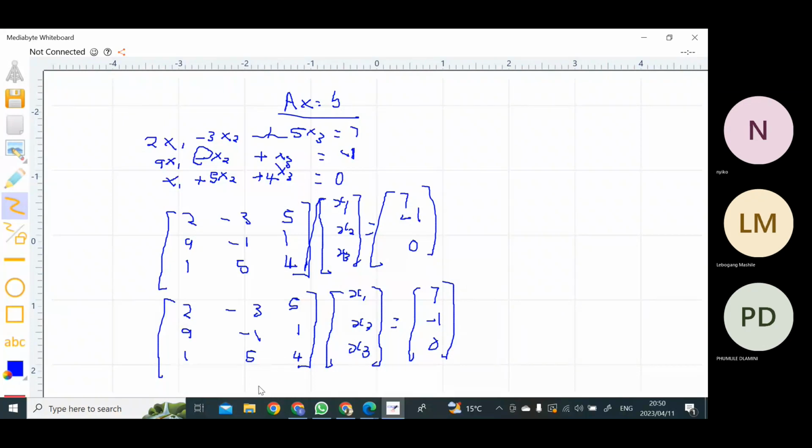Exactly the way I wrote it, this is A, X, which equals B. That's what you need to write in that exercise if you open it. But I'm going to try to find the one which we have to solve.